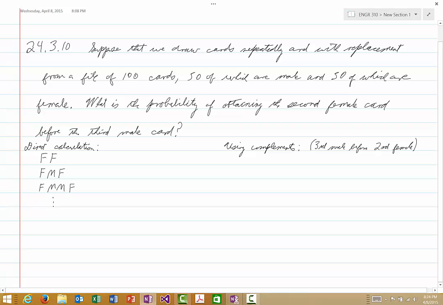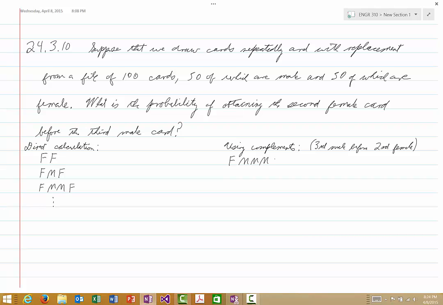There are going to be several ways this can happen as well. Let's just list a few. We might have female and then male, male, male. Once we get to that third male, we don't need to go any further because that means we've gotten the third male before the second female.